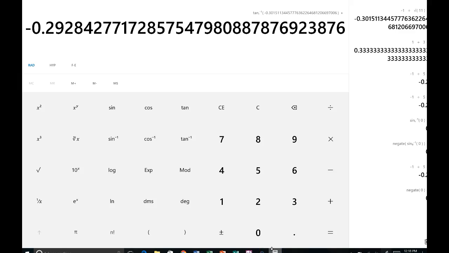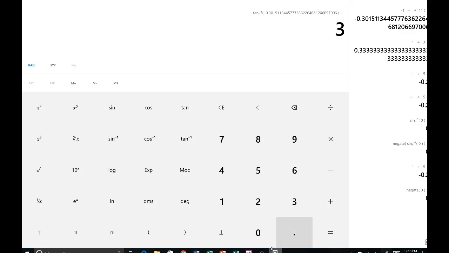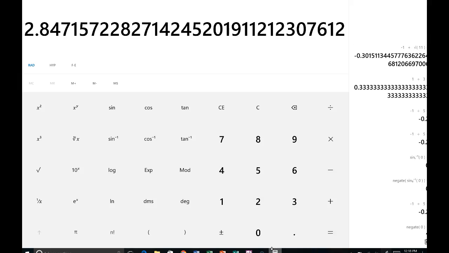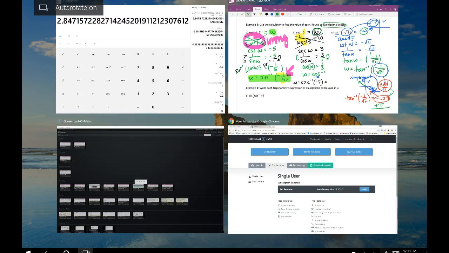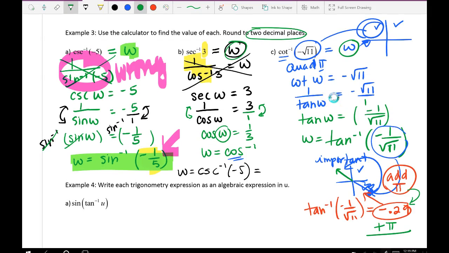Where on earth is my pi button? Don't have one here. So let's just add 3.14. I'm going to end up with 2.85 as the final answer. So this W is now 2.85 radians, and that is in quadrant 2. And that's our final answer.